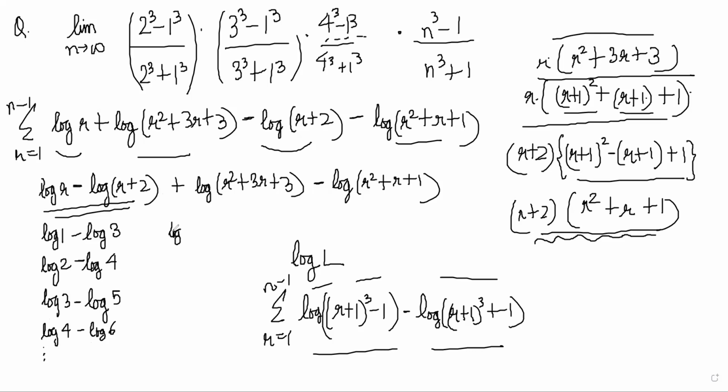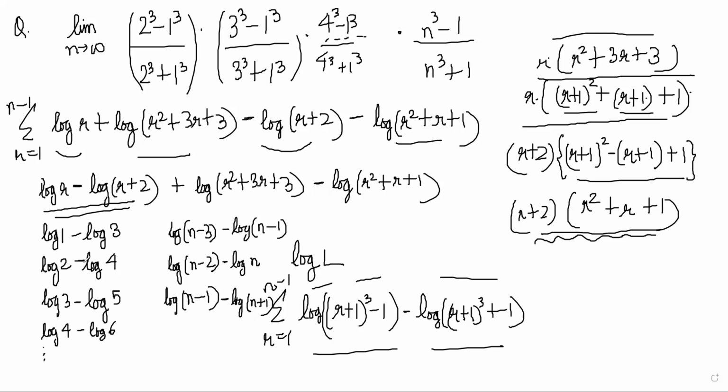It will be log of n minus 3 minus log of n minus 3 plus 2, so n minus 1, right? Then second last term, I'll put n minus 2. So that will be log of n minus 2 minus log of n minus 2 plus 2, so n, right? And last term will be n minus 1, log of n minus 1 minus log of this will become n minus 1 plus 2, so n plus 1, right?